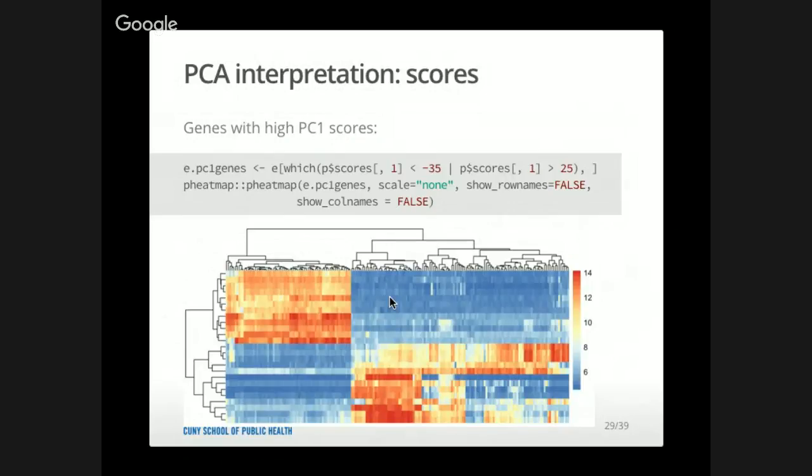We're losing less information by representing all of these as a single number. So I'll bet you that these are the ones with the negative scores on the previous graph. These are a little bit less coherent, so we wouldn't want to count them as much in this summary. Any questions about this? Are the scores making sense to everyone? This weighted combination of the original genes.